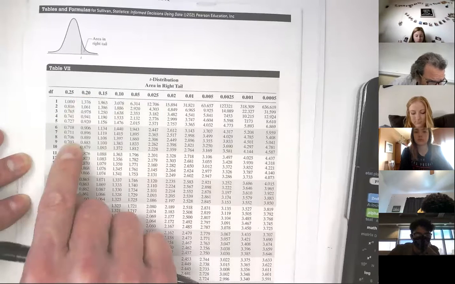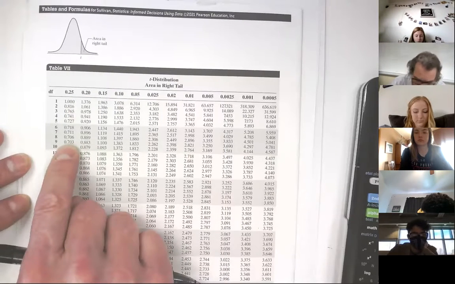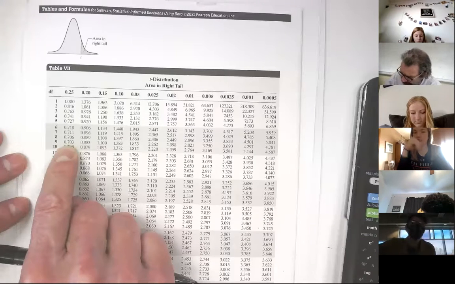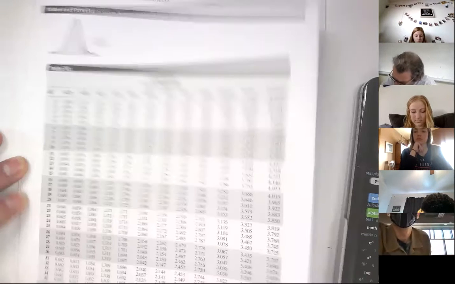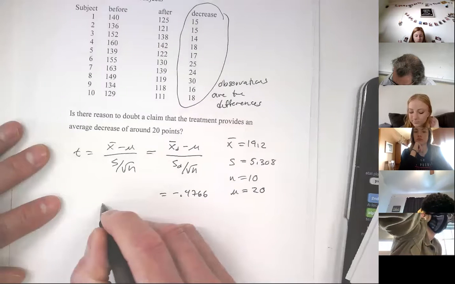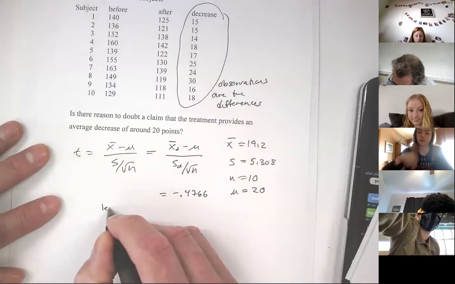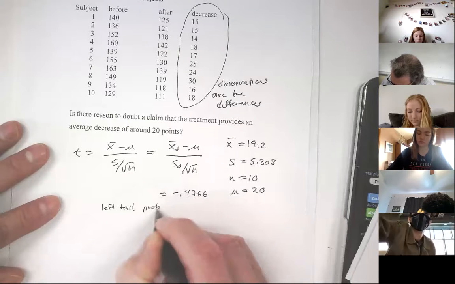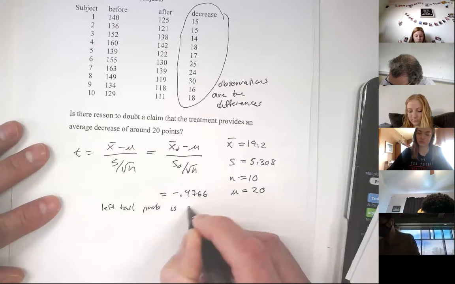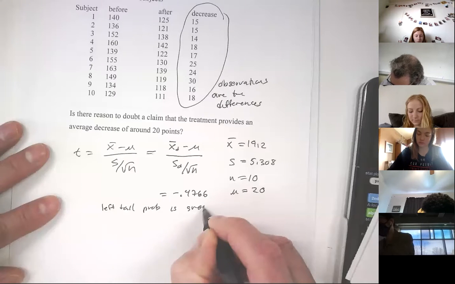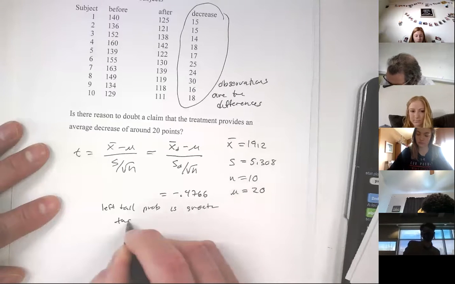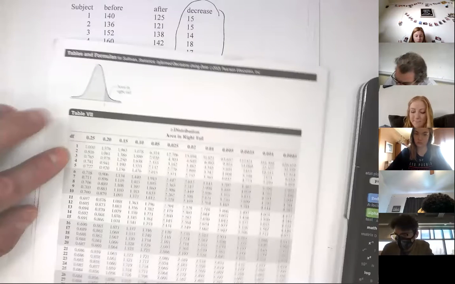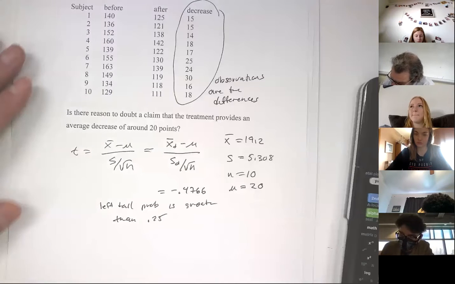So all we know is the tail probability is bigger than 0.25. Okay, I'll write that here. The left tail probability is greater than 0.25. That's the last number they show here. Okay, and that's the p-value.